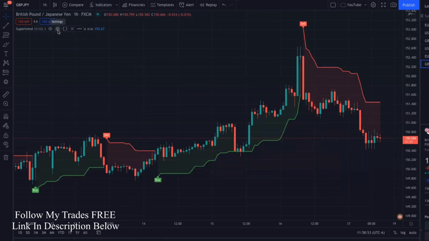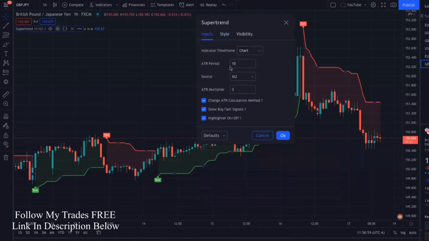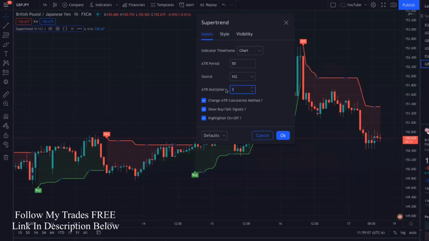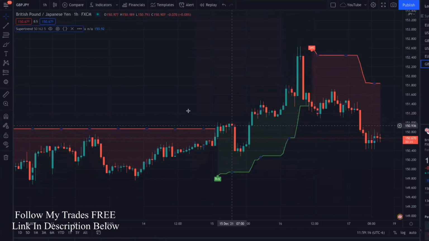We're going to click on that cog looking thing for settings. We're going to go into input, and we're going to change the ATR period. Instead of 10, we're going to use 50. And the ATR multiplier, instead of 3, we're going to change that to 5. Okay, and we'll keep everything else the same. You see how it kind of adjusted, right? Click OK. So the first indicator is set up.